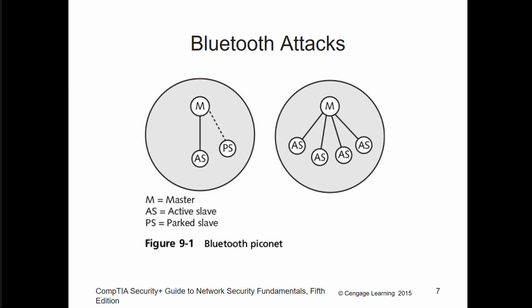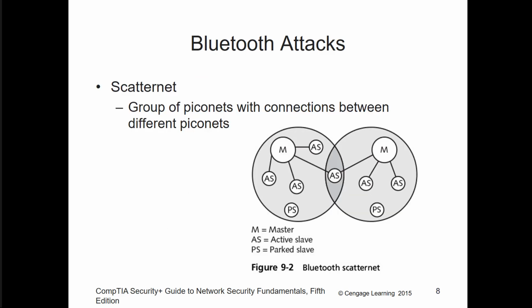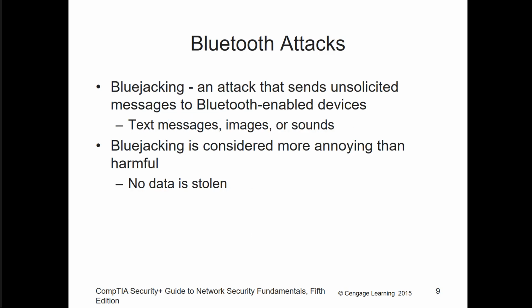So here we have an actual master, and then we have a few active or parked slaves and how they communicate with the master, because the master is going to be the one that controls the communication flow. ScatterNet, again, is a group of PicoNets, and here we have an active slave connecting to multiple masters and sending information through them.